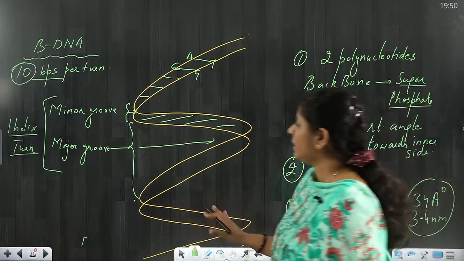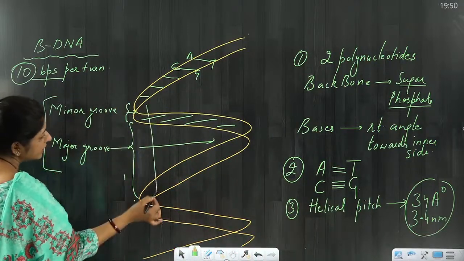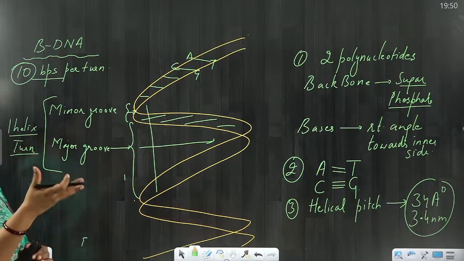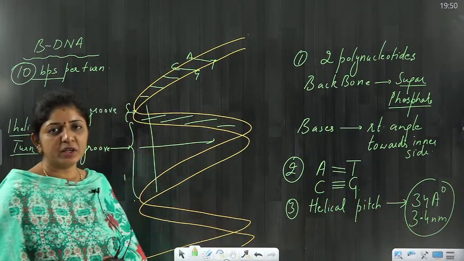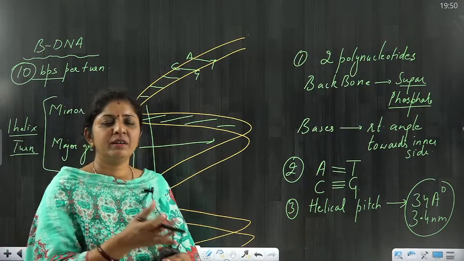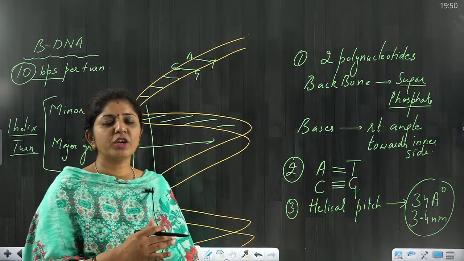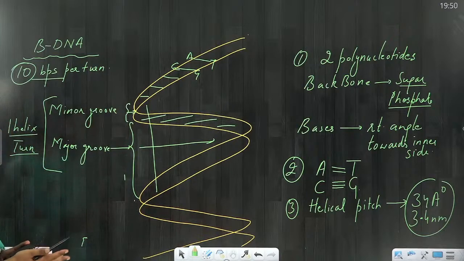Now what do you mean by this? If I am taking this as one turn, its vertical distance, the length of one turn, will be 34 angstrom or 3.4 nanometer. And in that turn, how many base pairs will be there? 10 base pairs will be there if I am talking about B-DNA. Fine. Okay. Now what is the next point?